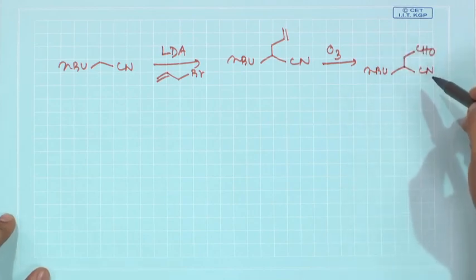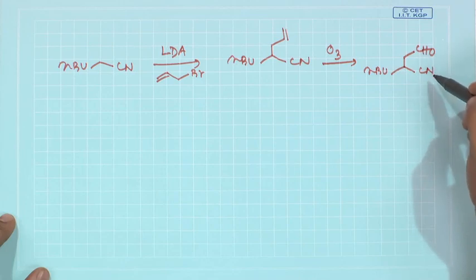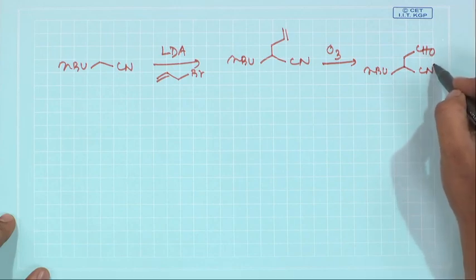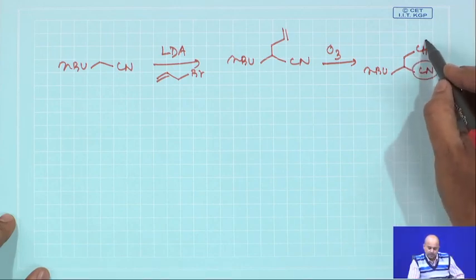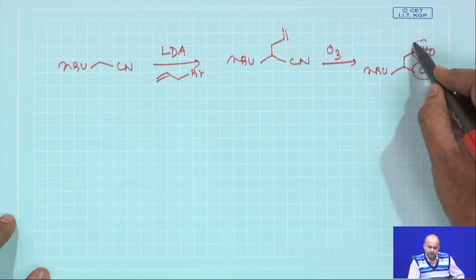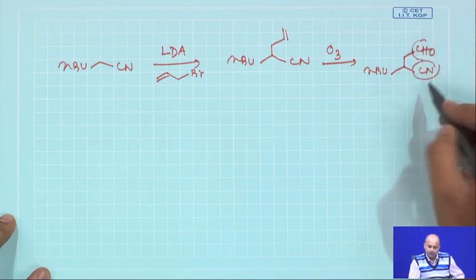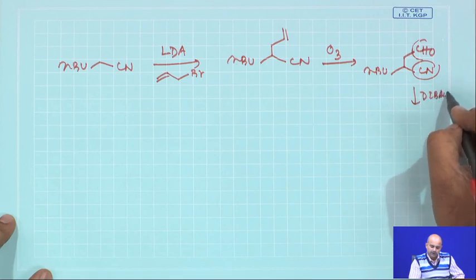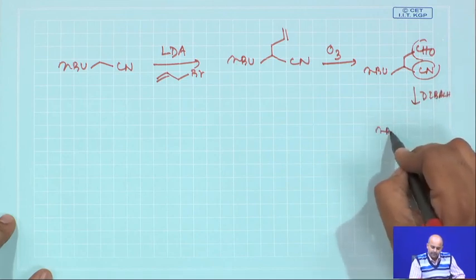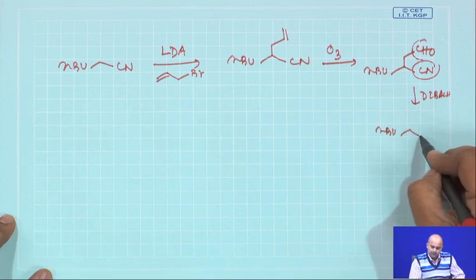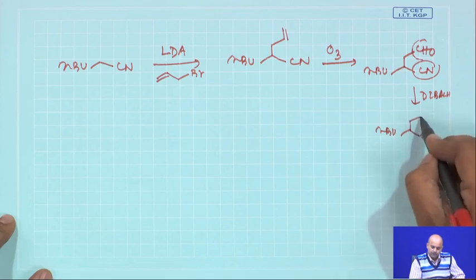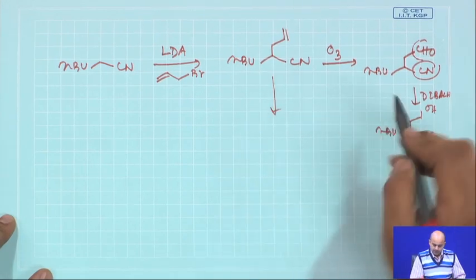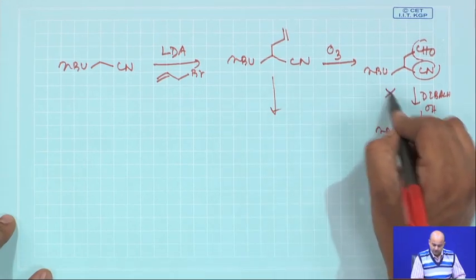Now, we have a difficult situation because if you do a DIBAL reduction now, the cyanide will be reduced, that is fine, but you also have this aldehyde, which will also now be reduced to the corresponding alcohol. So, with ozonolysis you need to be very careful about which place you use it. So, this route is discarded.